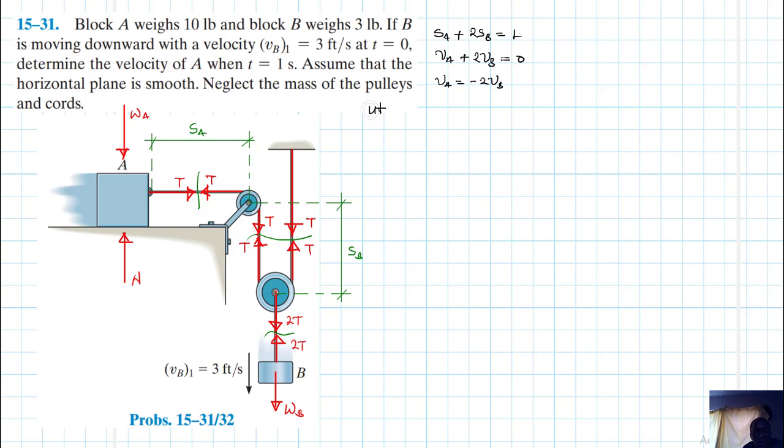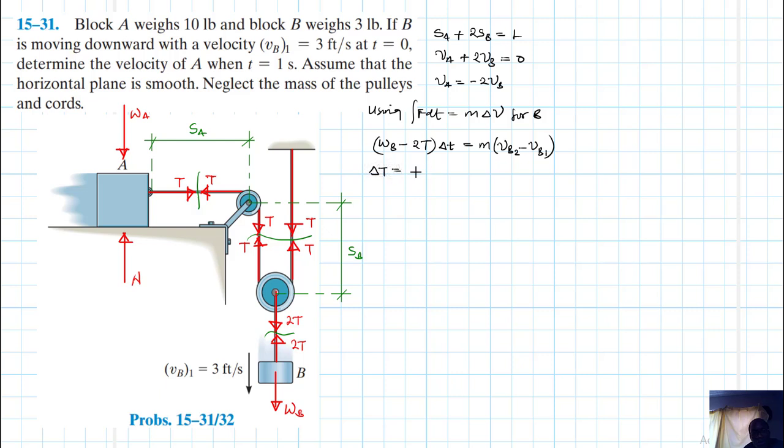Alright, using the integral of F dt equal to m times the change in velocity, what do we do for B? It's going down, so we say WB minus 2T times delta t is equal to m times (VB2 minus VB1).